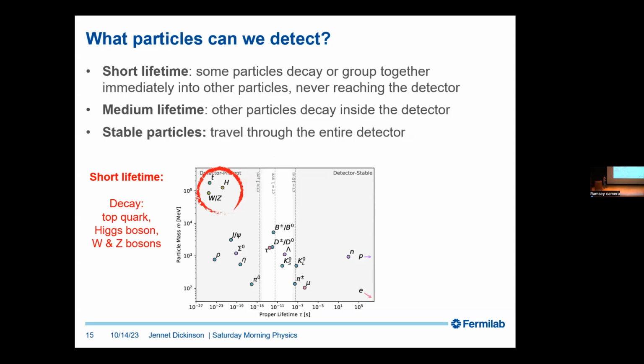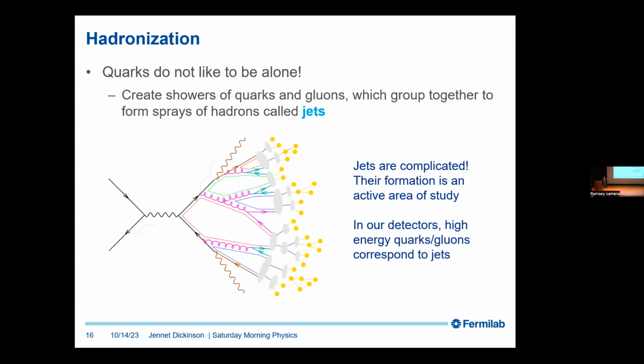And then something else that I group in with the short lifetime particles are quarks and gluons. Not because they decay, but because they don't like to be alone, and they will immediately group together with other quarks and gluons and create these things called hadronic jets. These are super complicated objects that are basically a result of what Grace was saying, that you can't have a gluon or a quark alone.